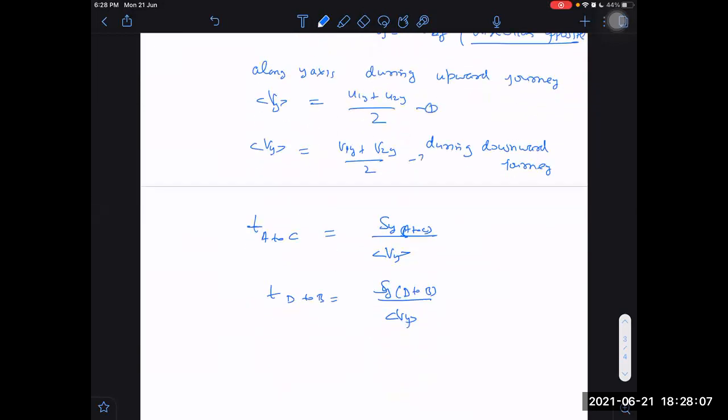These are equal. Both velocities are the same only, or not? 1 and 2 are equal in magnitudes. How do I know these are equal in magnitude? Because I have already proved u1y is separately equal to v1y and u2y is separately equal to v2y. So these have to be equal.